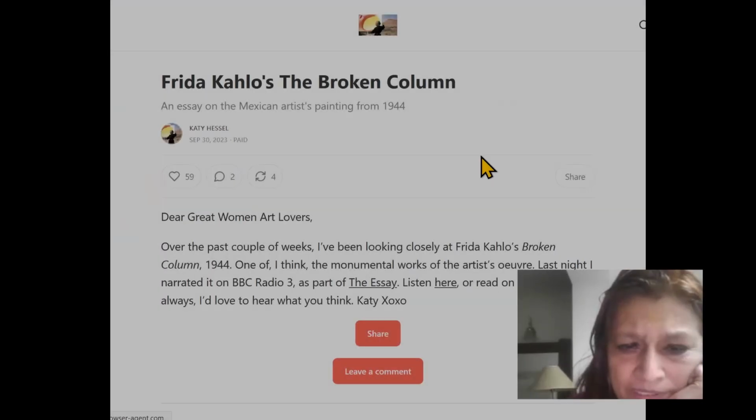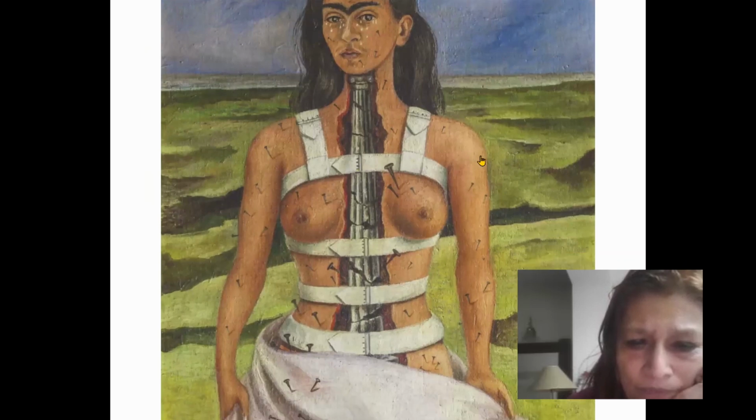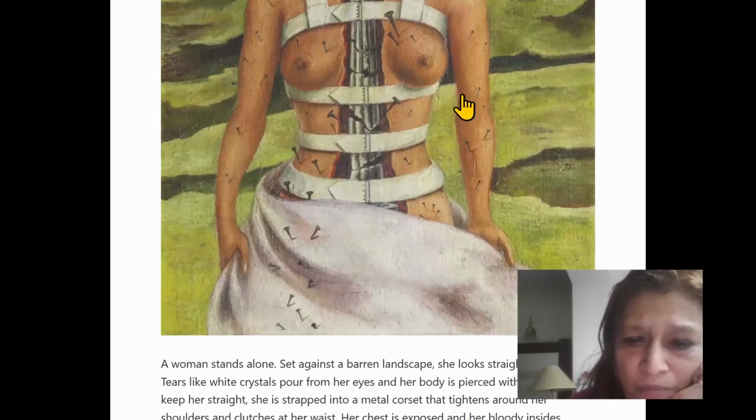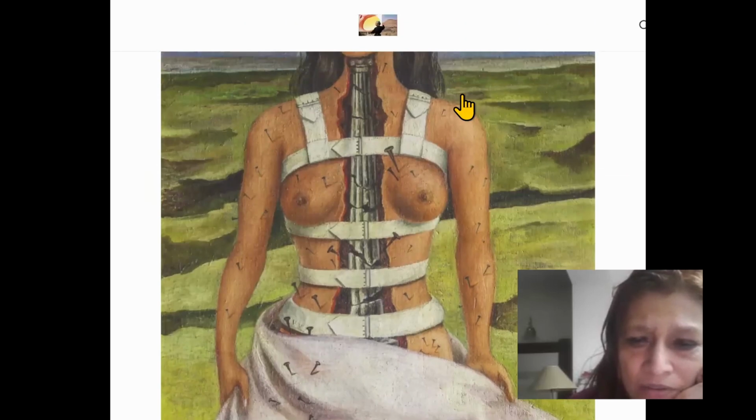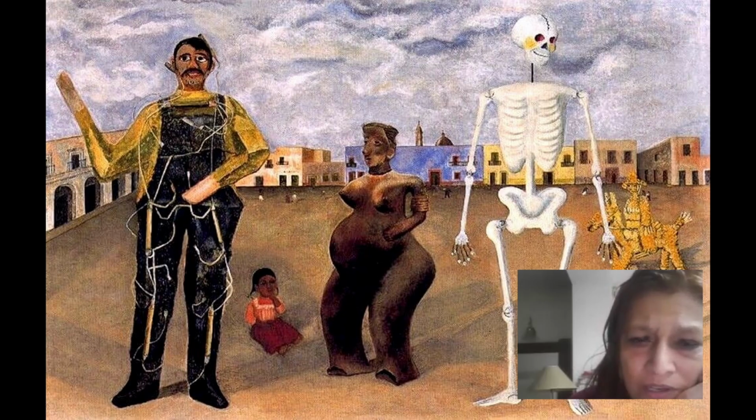Can everybody see this? The Broken Column. Look at that. Can you see the spine and everything? Isn't that self-portrait phenomenal? And the other one, again, the ribs.